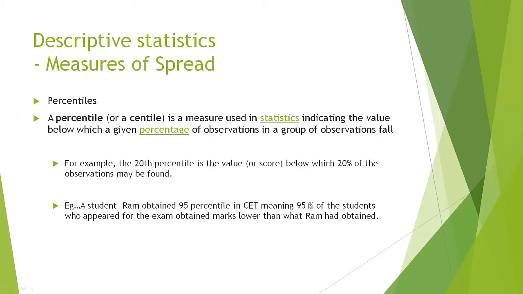That's what 95 percentile means, not percentage. The percentage could even be 40 or 45 out of 100, but he could still be ranked as 95 percentile. Even that is possible. So that's the difference between percentage and percentile.